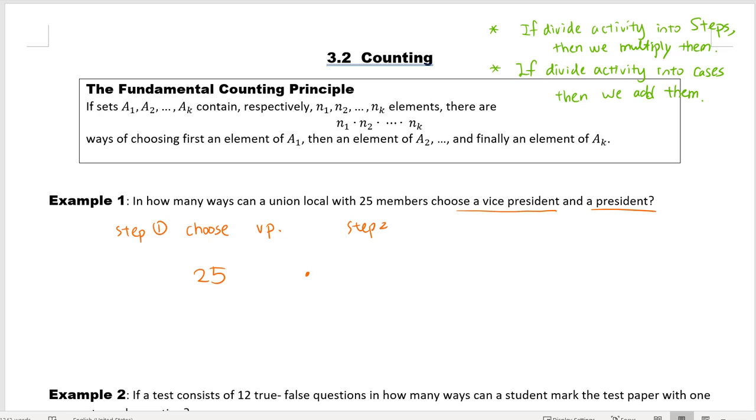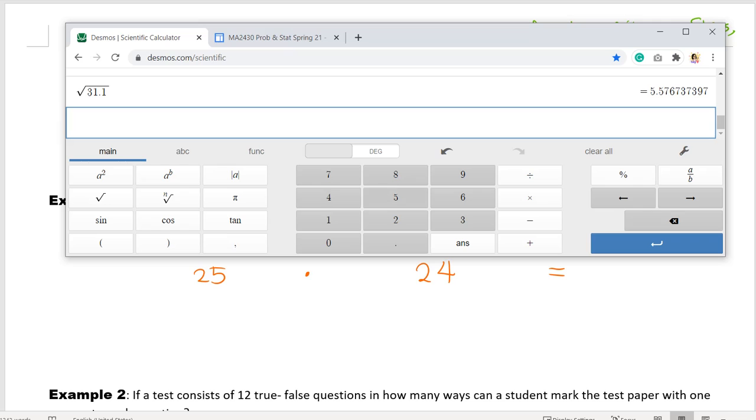Then step 2, we want to choose a president. Because we already chose one member, there are only 24 members left in the second set. So that's why we multiply by 24. So 25 times 24, what is that? 600.